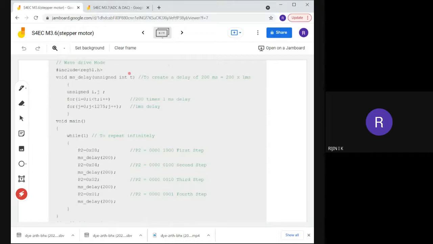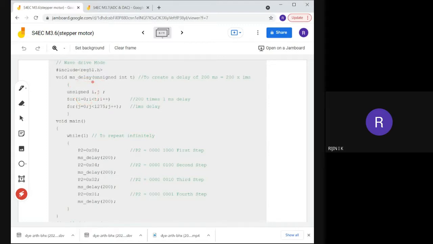For writing an embedded C program, this is the structure that we already discussed. First we need to include the reg51.h header file, because here we are writing the interfacing program for the 8051 microcontroller.